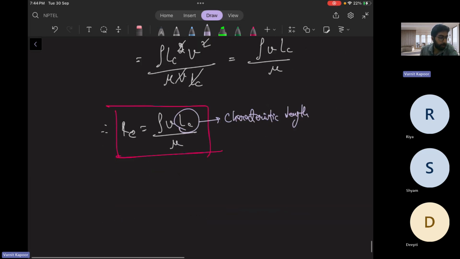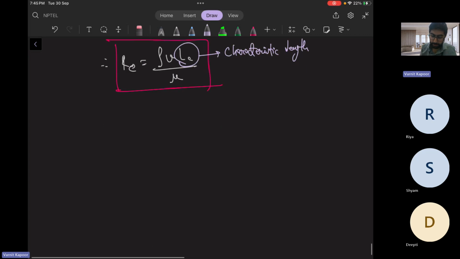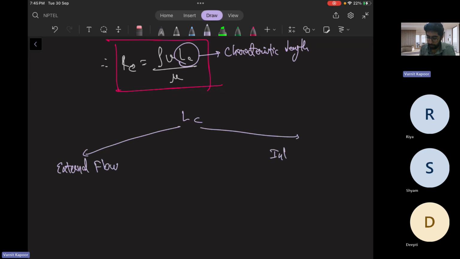Okay. So characteristic length again can be defined for external flow and internal flow. One is external flow and one is internal flow.